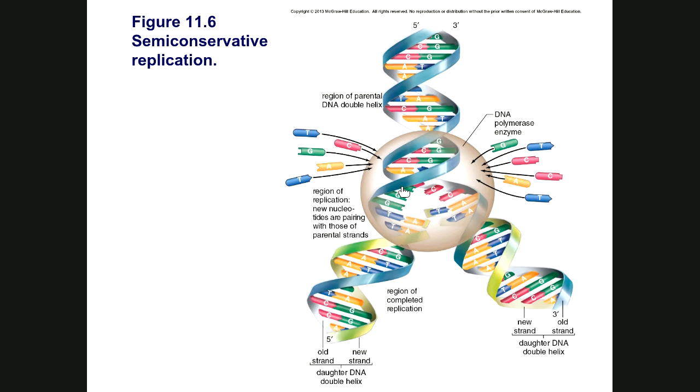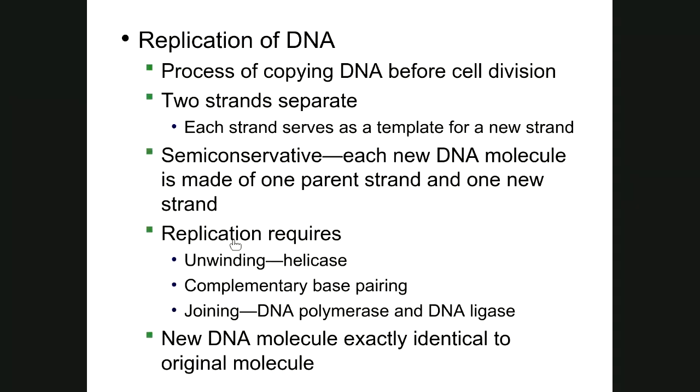Like you can see in the picture, one nucleotide goes with one strand and the other nucleotide goes with the other strand. So this is the separation. Now each new DNA molecule is made up of one parent strand and one new strand. I will explain it in the picture later on.